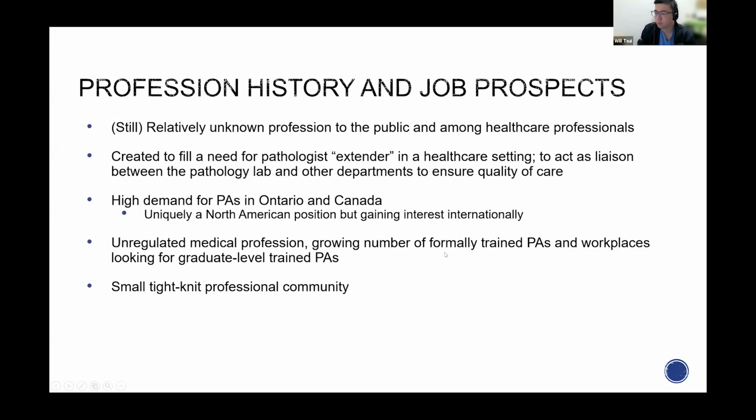We hope that as the profession matures and continues to grow, this might change in the future. And similar to our CE counterparts, there are not very many of us in Canada, so one of the things we pride ourselves on is having such a small and tight-knit professional community that everyone knows everyone, whether you're within town or out of province as well.